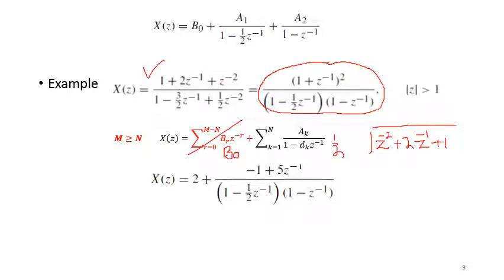If you look at this denominator, it will be 1/2 z power minus 2, then minus 3/2 z power minus 1, and then plus 1, right?